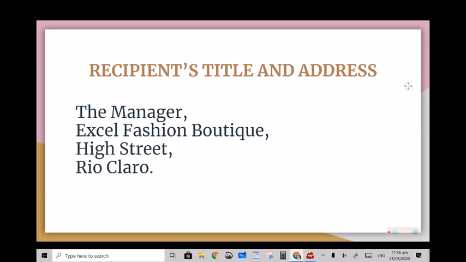And then you have the name of the business, which is Excel Fashion Boutique. Again, notice the use of punctuation, and the High Street is separated from Rio Claro. So the street is separated from the city. Again, it is in a uniform fashion, and every aspect is separated using punctuation, which is most times the comma and then the full stop.